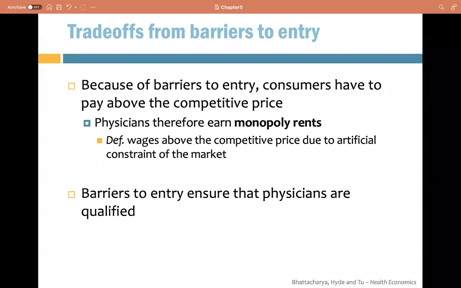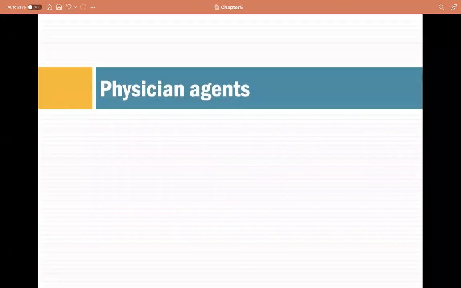They earn it not just because they are highly educated, but also because there are not enough physicians, so they can charge higher for people who really want it. We know that barriers to entry ensure that physicians are qualified or good enough so that we can trust them. But the downside is not having enough of them, and the price is driven up.